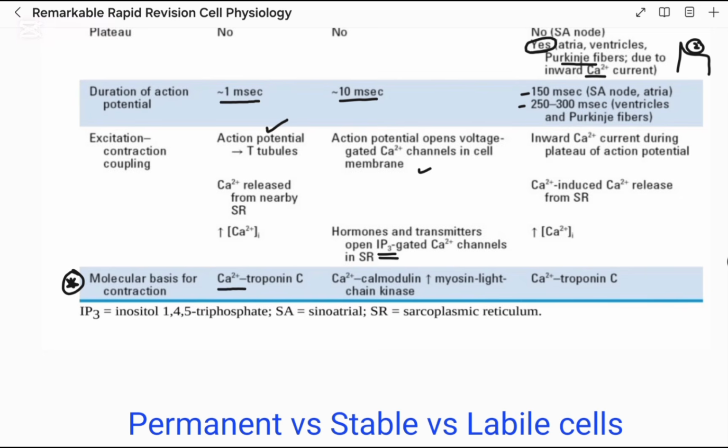The molecular basis for the contraction in the skeletal muscle is calcium troponin C complex, as we have already discussed in the previous topic of the sarcomere, that troponin is a complex of 3 proteins: troponin I, troponin C and troponin T. And in the smooth muscle there is a calcium calmodulin complex which increases the myosin light chain kinase activity. So just memorize this. And the molecular basis for contraction in the cardiac muscle is same as that of the skeletal muscle.